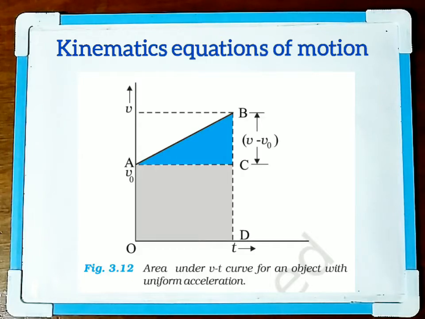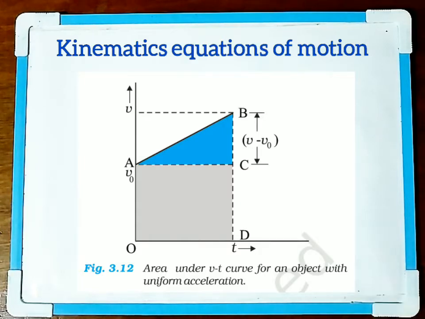So we have the initial velocity v0 and the final velocity v, and since it is a uniformly accelerated motion, the velocity time graph is a straight line. Now we'll derive the first equation of motion.